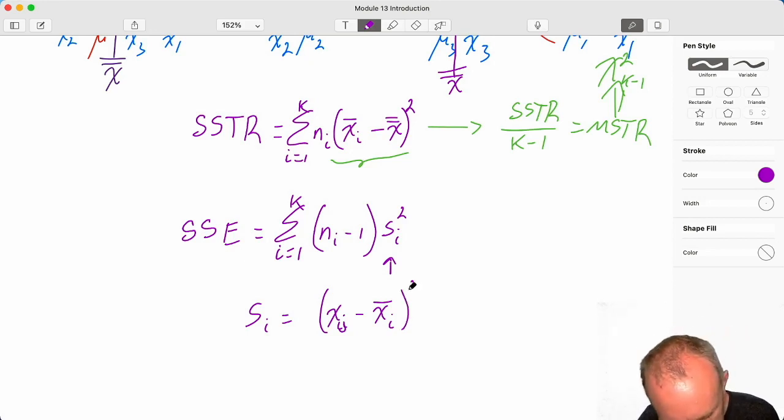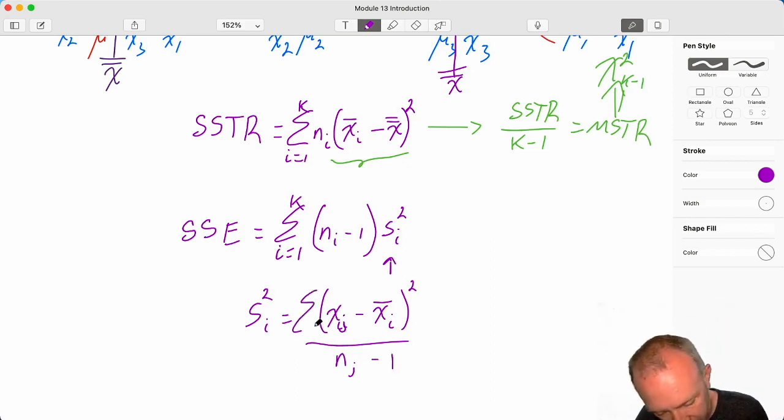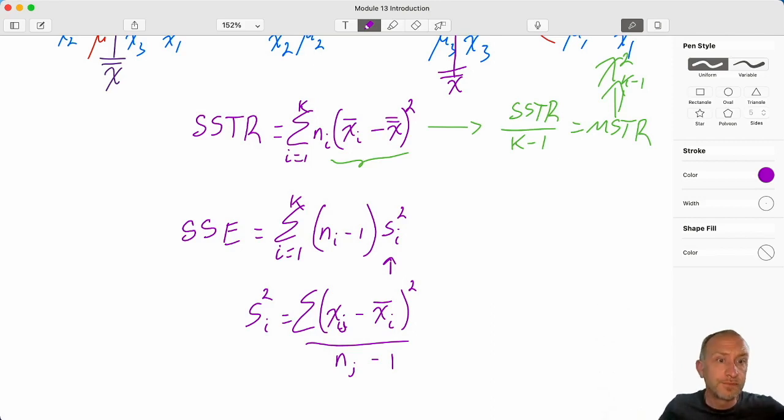Now, when we're calculating that variance, this is divided by its degrees of freedom, which is n minus 1. So, those sample variances are based on the difference between individual observations and the individual sample mean.